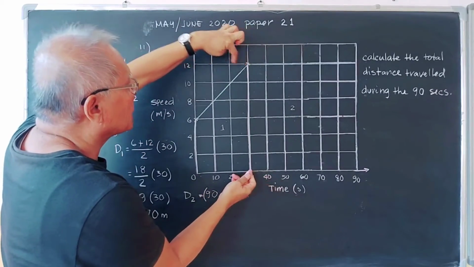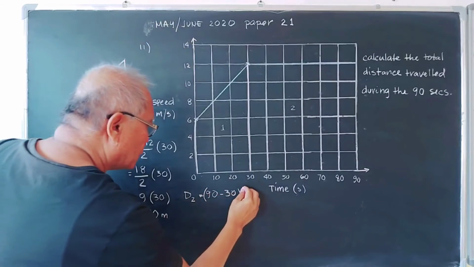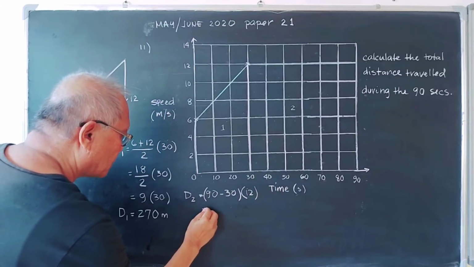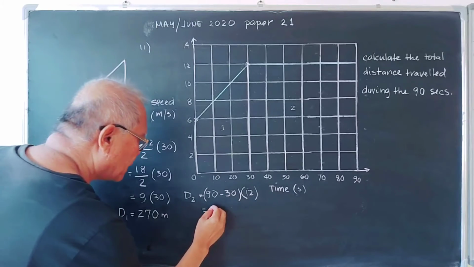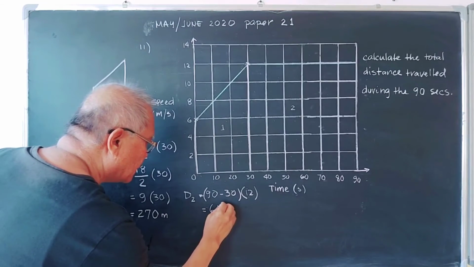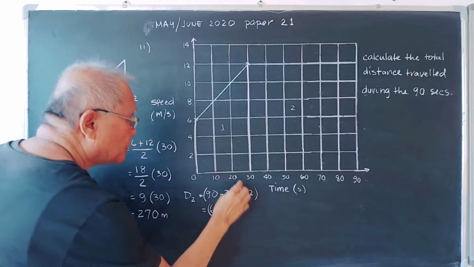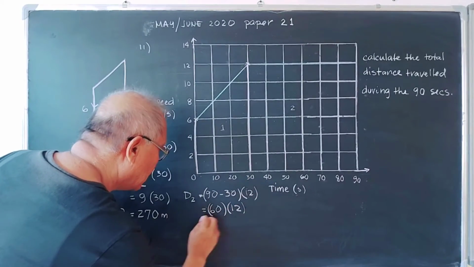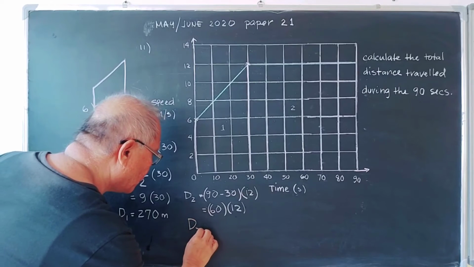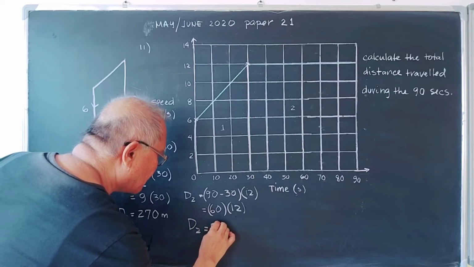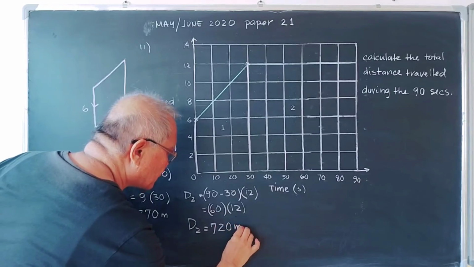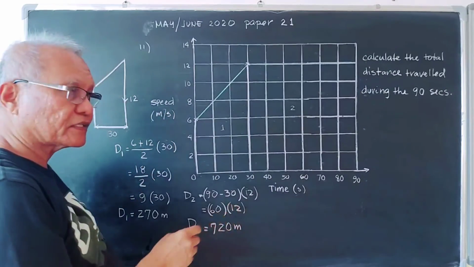The height is 12, so multiply it by 12. So we have 90 minus 30 is 60, times 12, and distance 2 is equal to 720 meters.